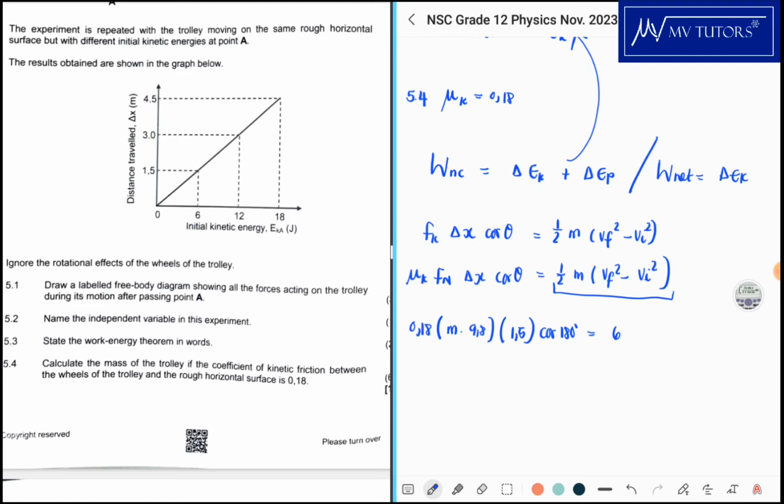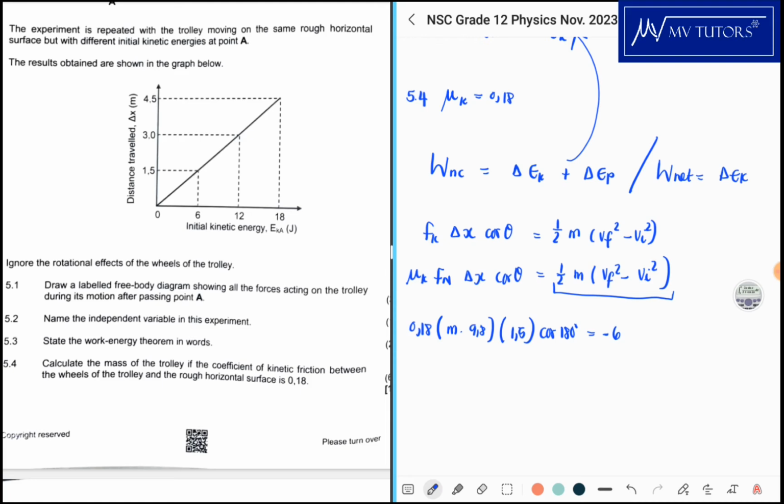Your final velocity would be 0. Your initial velocity would be whatever value it is. So in this case, since your final is 0 and your initial is a certain value, your answer there will be negative. I hope you understand where that is coming from.